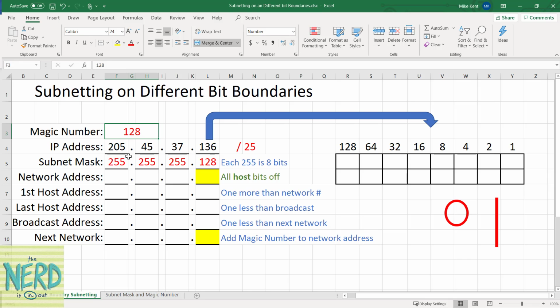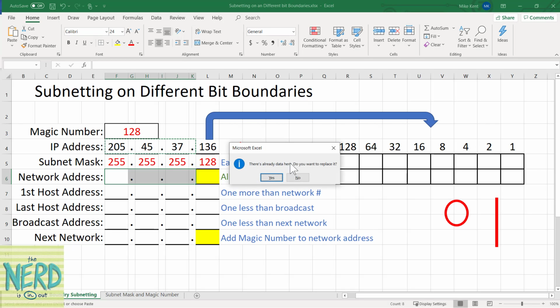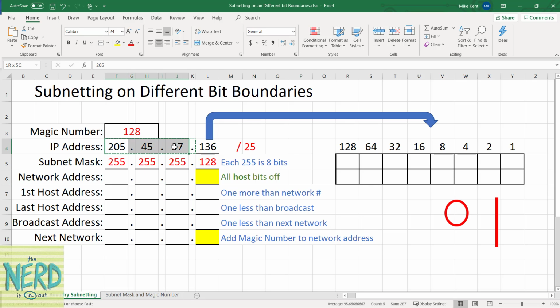Now, that tells me that all of these 3 numbers right here are network, because it's a 255, a 255, and a 255. So these are going to be the same all the way down. Let's just put this all the way down.